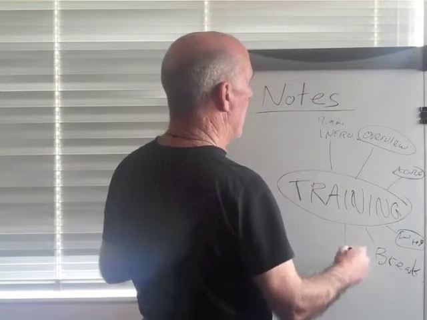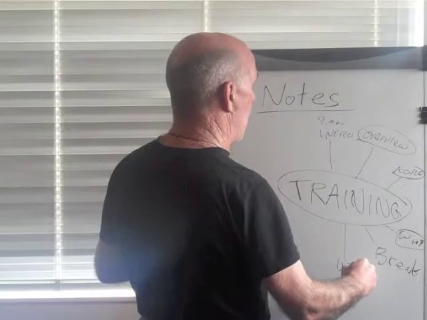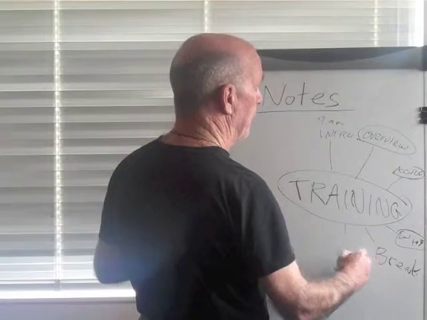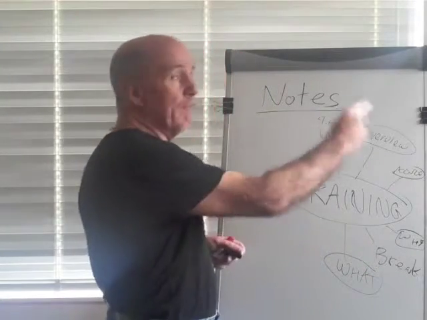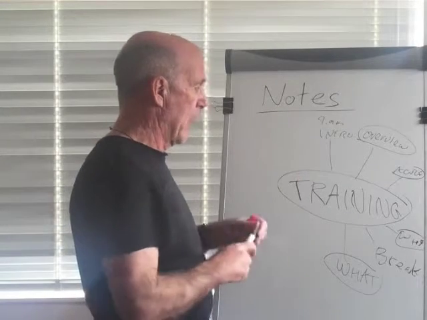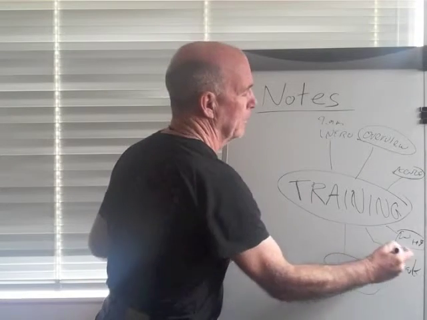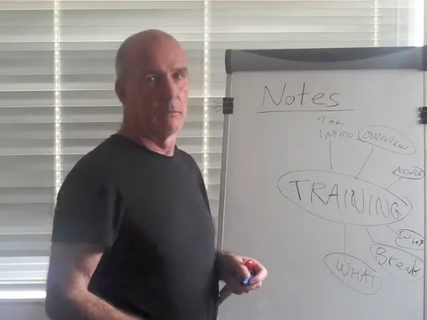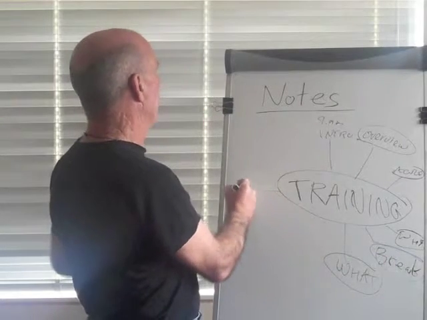And then we come back to the what. What I'm going to teach you. So this is another way that you can use mind maps that's useful. And we could make all of the breaks blue. So someone could look, oh, we've got a break there, and we've got another one here at 3 o'clock.